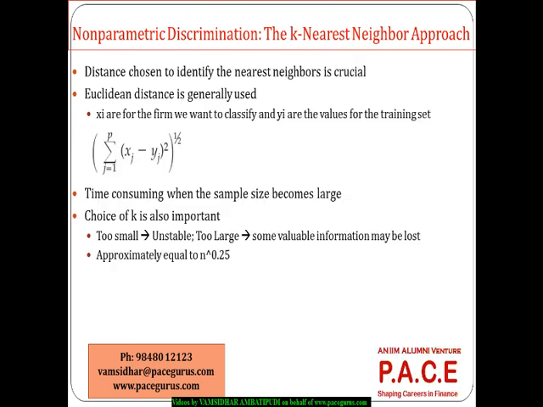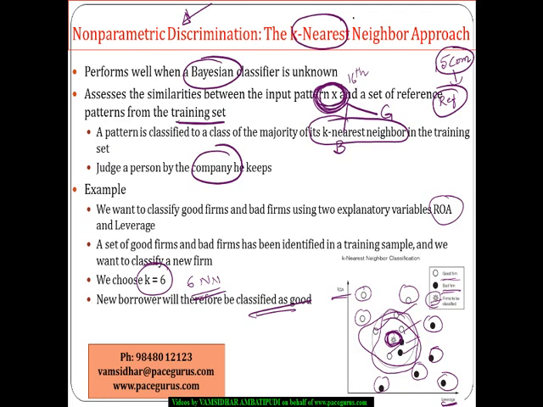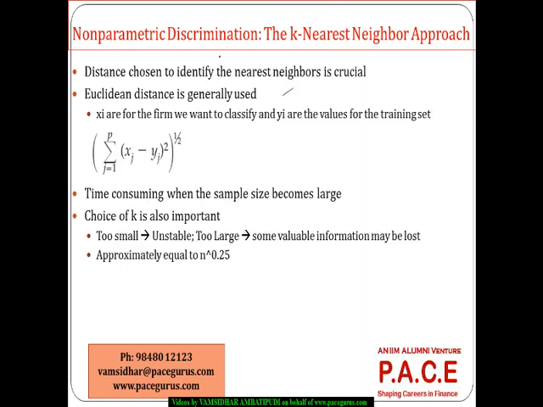Now, how do we really identify the distances? Here we have taken ROA and leverage, and based on that we are seeing the closest neighbors. But if there are more variables, how do I identify which are the closest ones?